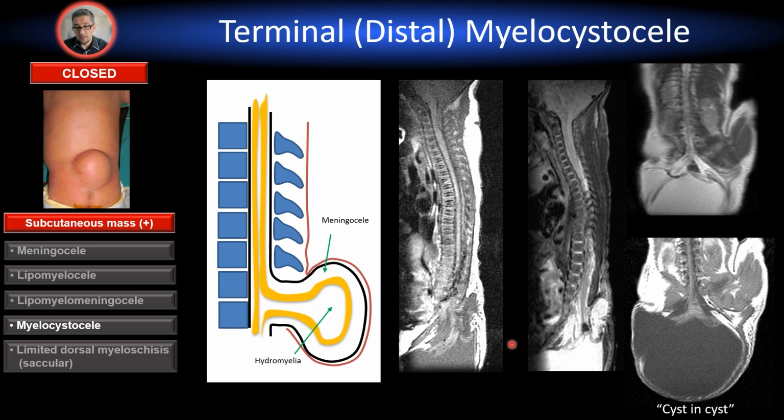And on the MRI, it may be associated with a Chiari-2 malformation, and the diagnosis is based on seeing the herniation of the central spinal canal, which is dilated, and on the coronal images we can see the tethering of the spinal cord, and we can see the cyst appearance formed by a meningocele and hydromyelia.